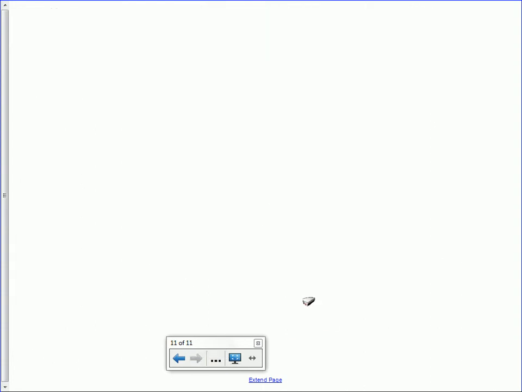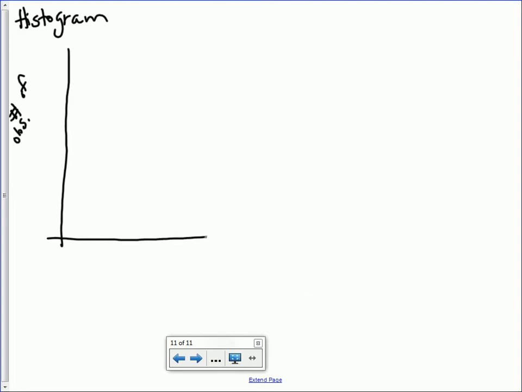And so if I just make a typical histogram, on the side I am going to have the number of observations. And here I will have the intervals.